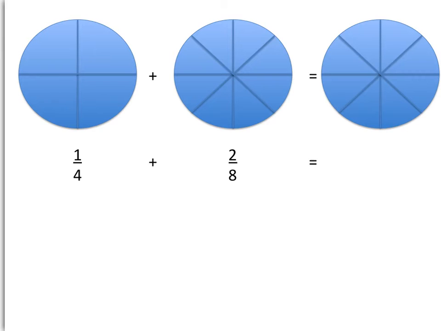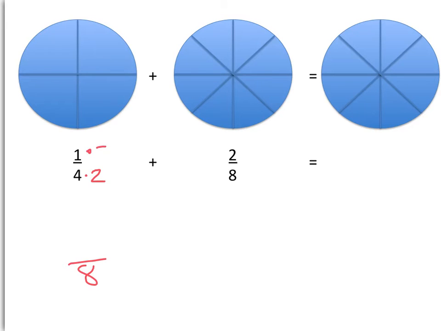Using your multiplication tables, we know that 2 times 4 equals 8. So if we times 4 by 2, we get a denominator of 8. Now, what we did to the denominator, we must also do to the numerator.